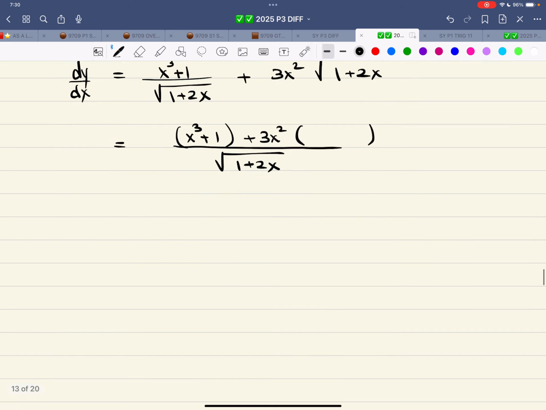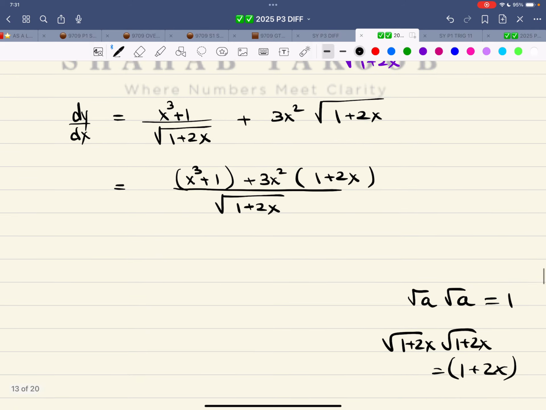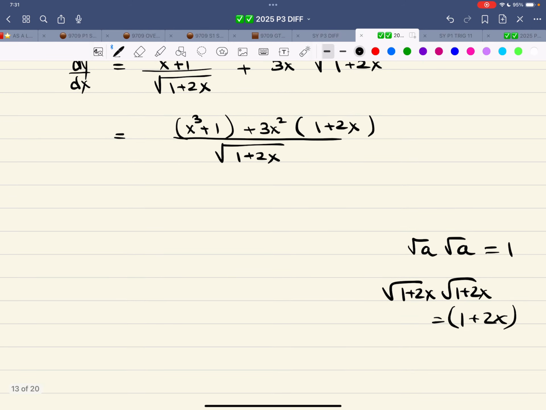Something to do with surds happens over here. Root a times root a equals a. Root 1 plus 2x times root 1 plus 2x is basically 1 plus 2x. So now this is 1 plus 2x. And let's open this up. So this is x cube plus 1, and this is 3x square, and this is 6x cube.